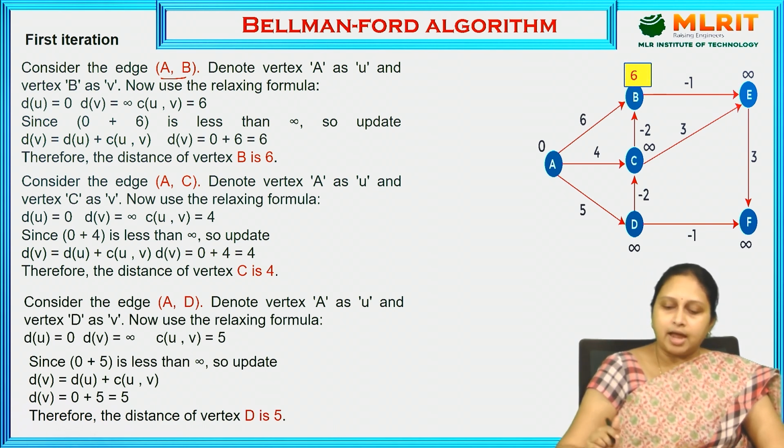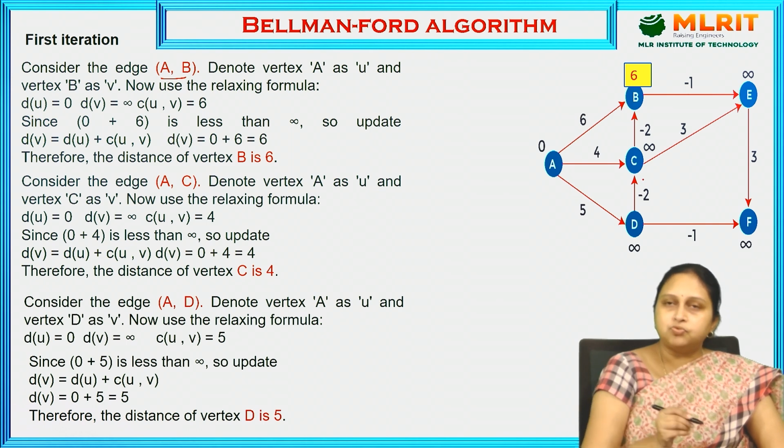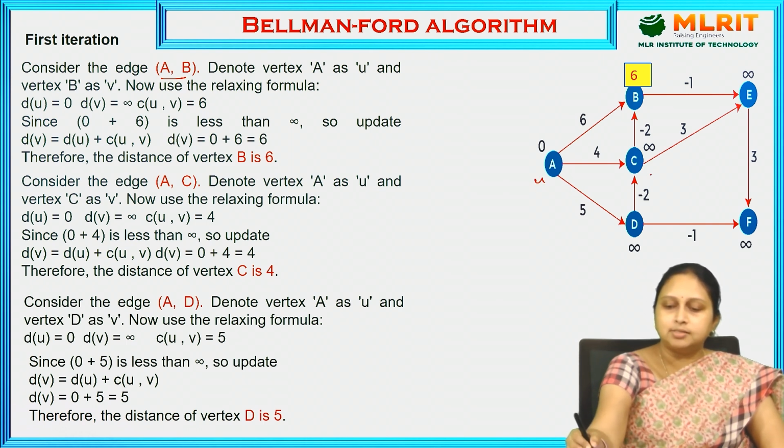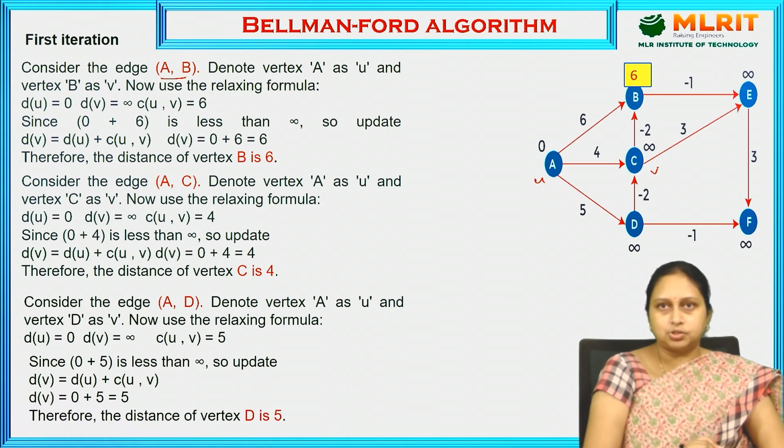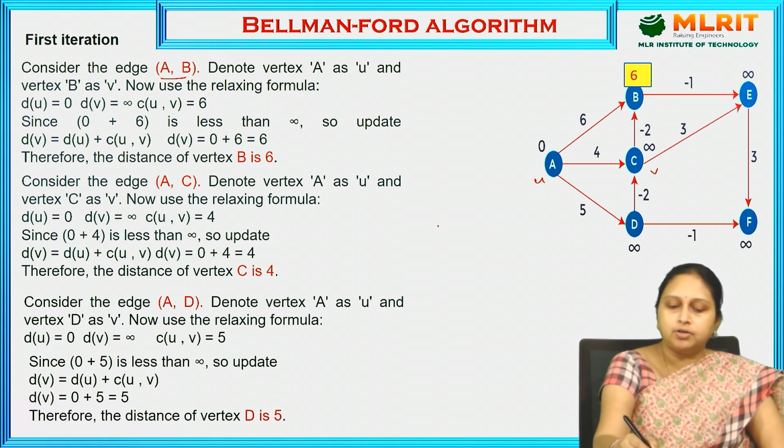In a similar way, I need to find the distance for C, A to C. Now, this is U and this is V. Apply the same relaxation formula: d of v equals d of u plus cost of u comma v. That means 0 plus 4.